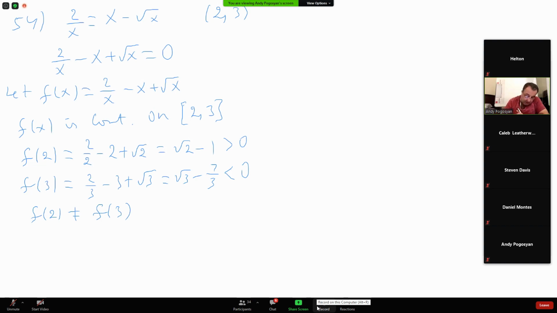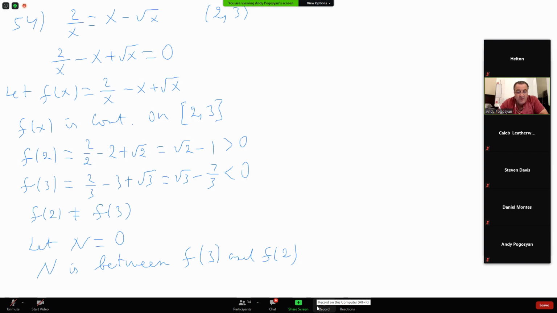Now, let n be equal to 0. n is between f at 3 and f at 2. So one is positive, one is negative.